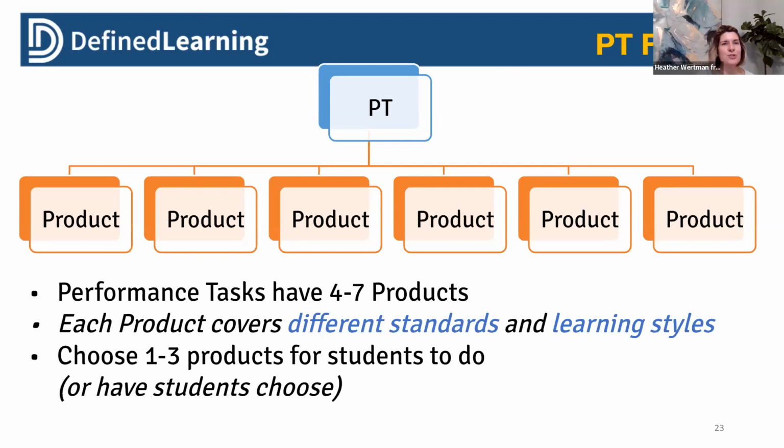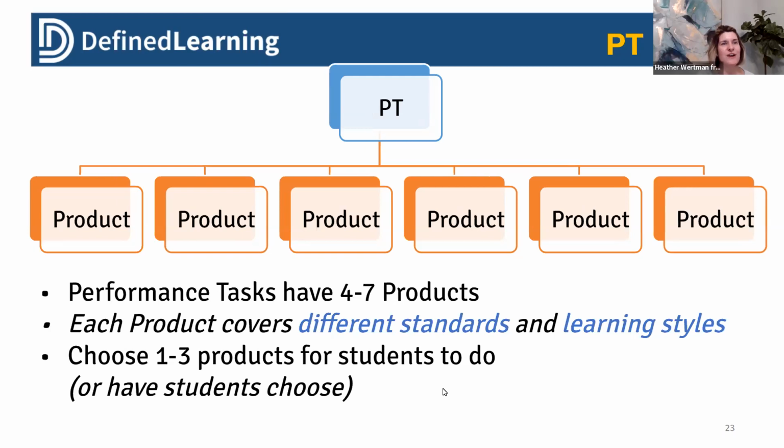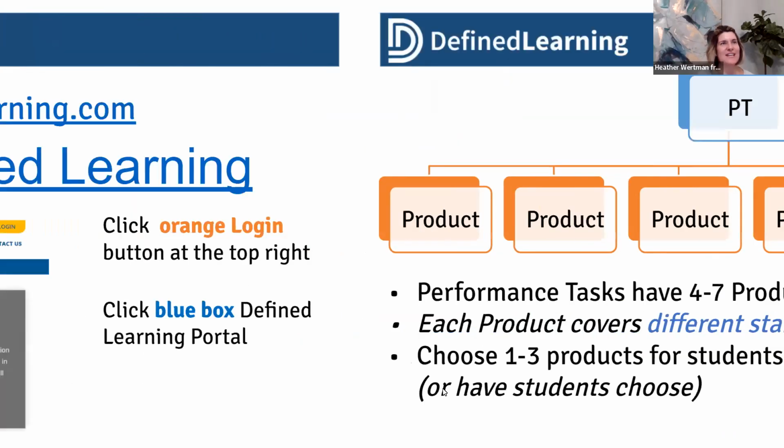That's why we have so many to offer you, and you might only select one product to use with the task, just like you saw some of Lynn's examples. Or maybe you'll want to let your students choose, and maybe you'll pick 3 or 4 different products for them to choose from. But just so you have a little understanding about what you will see in every single task.